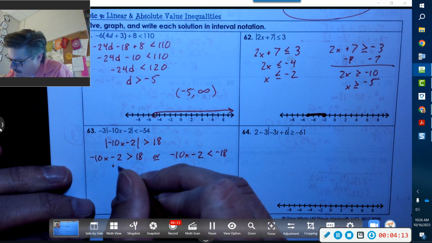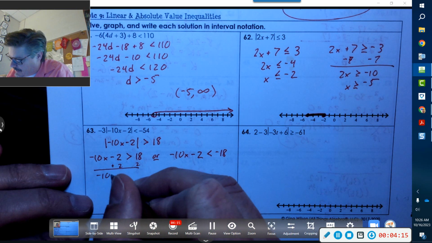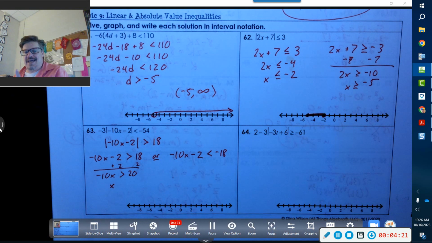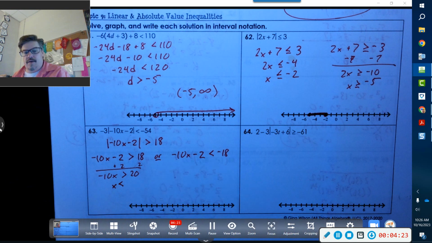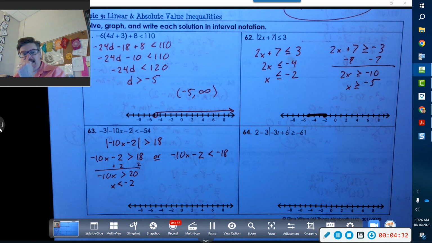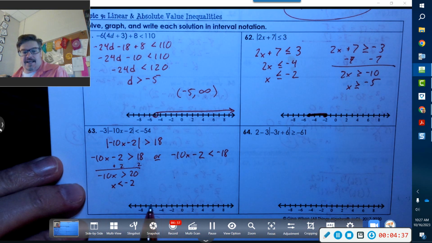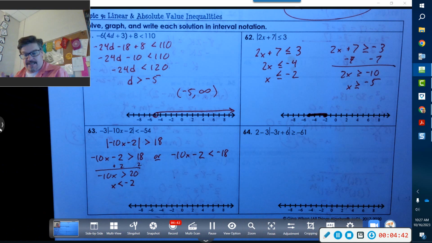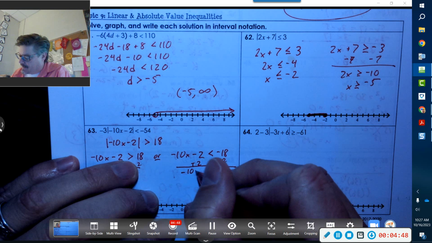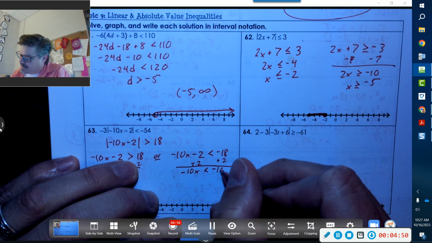So let's go ahead and add 2. Negative 10x is greater than 20. Divide by negative 10, and the orientation switches again. So that is a negative 2. So we have to be less than negative 2. So this means I've got less than negative 2, so I'm probably going to have a number over here that will force me to go this way, but let's just test it. So positive 2, negative 10x is less than negative 16.